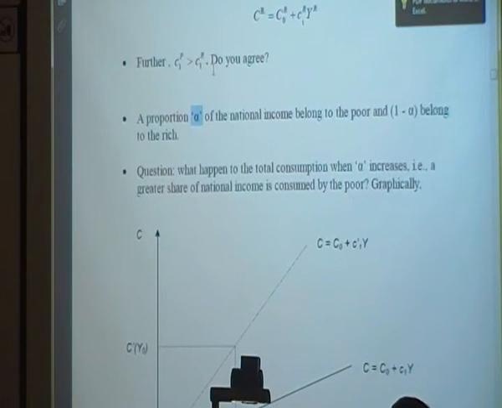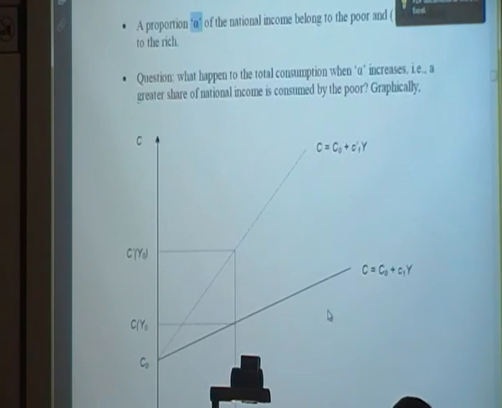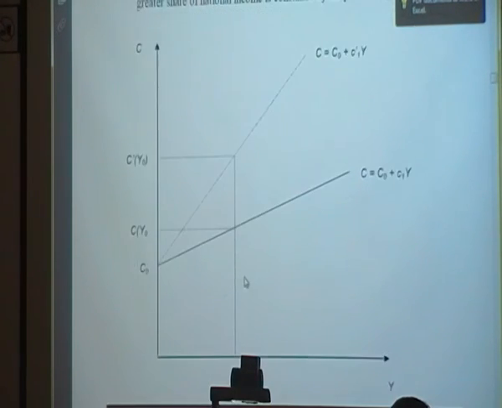In comparison, if my C1P is higher than my C1R, overall in the economy, do we expect the marginal propensity to consume to increase or decrease? Increase or decrease? Increase. So your graph will look like that.